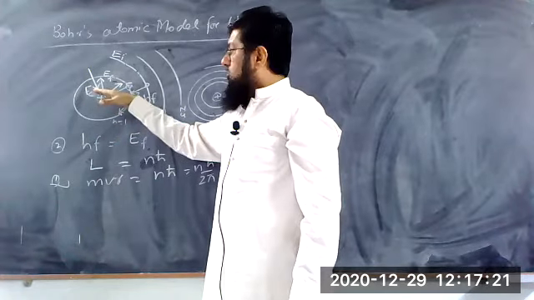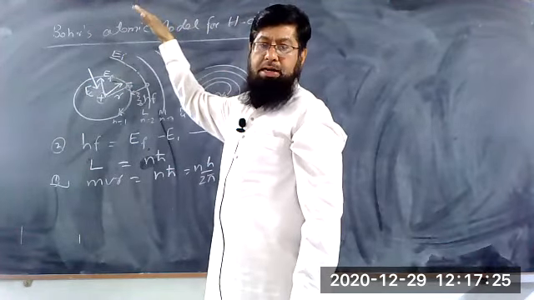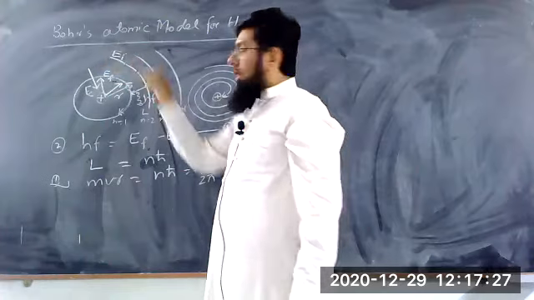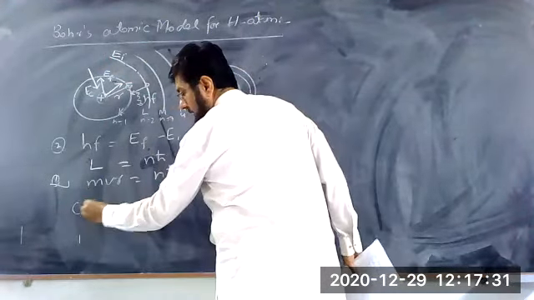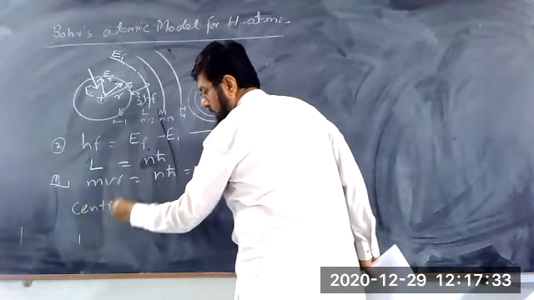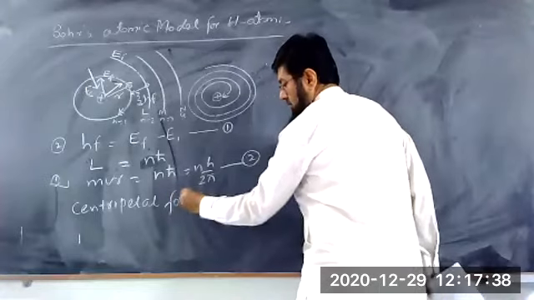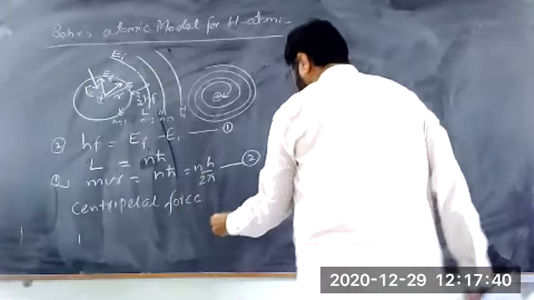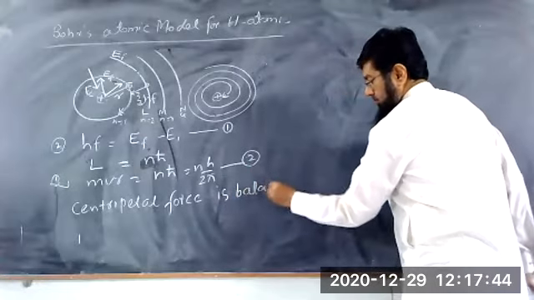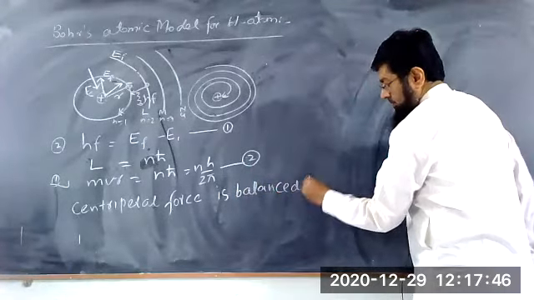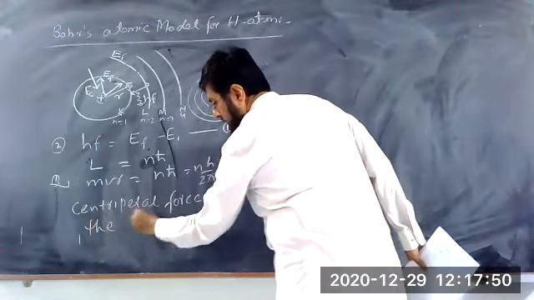If any force whose magnitude is large, the electron will move towards that force. So as a resultant, the centripetal force is balanced by the Coulomb force.